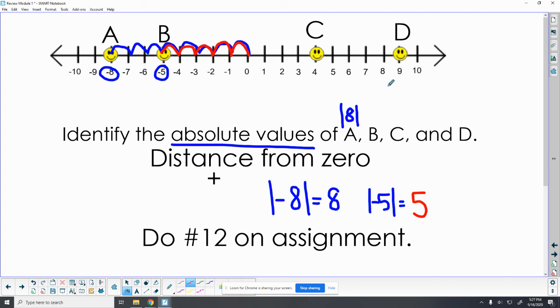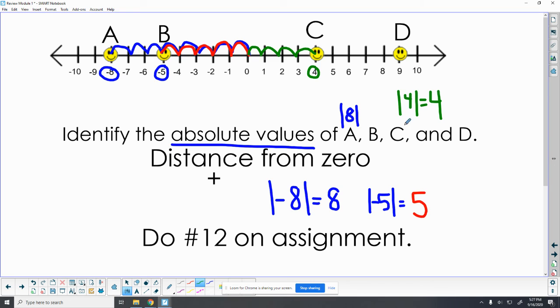Then I want to do C, and I'm going to find C, and I notice that it's at 4. It's just positive 4. And it is 1, 2, 3, 4 units away from 0.